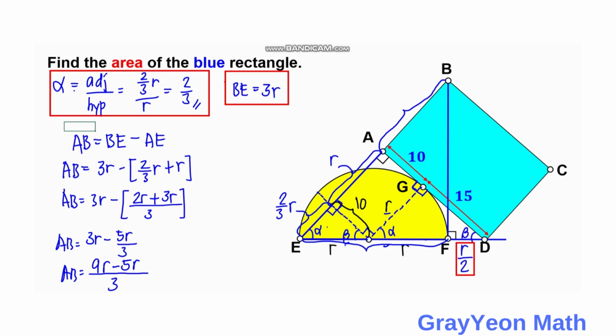So AB is equal to 4 thirds of r, because 9 minus 5 is 4.